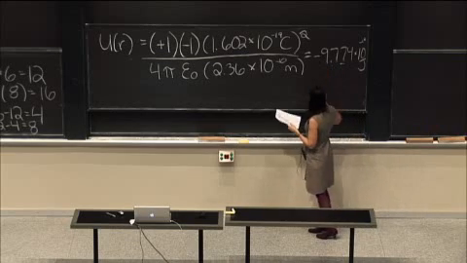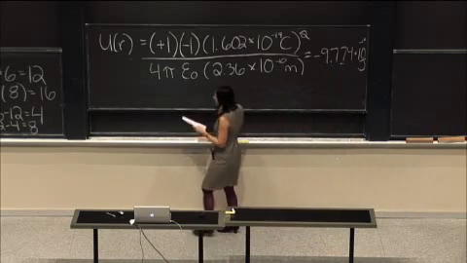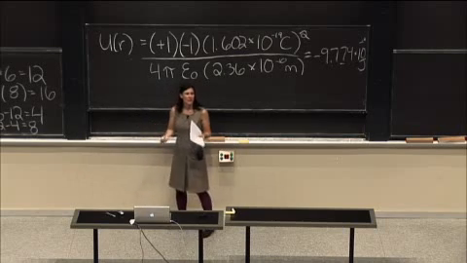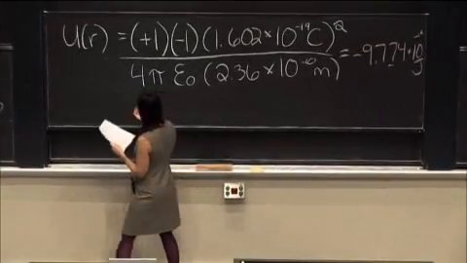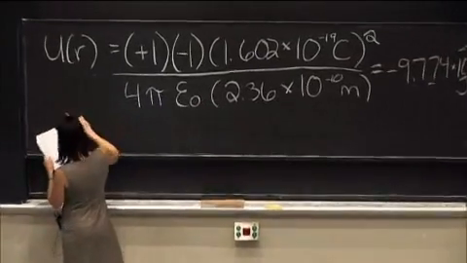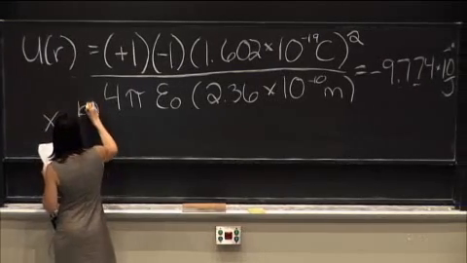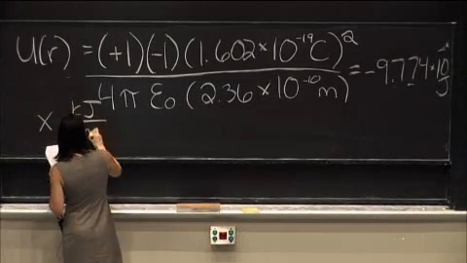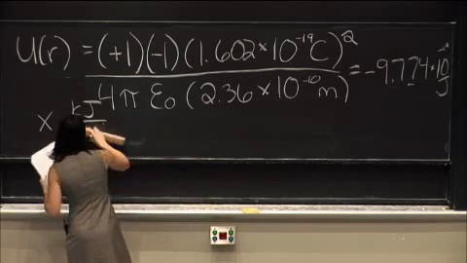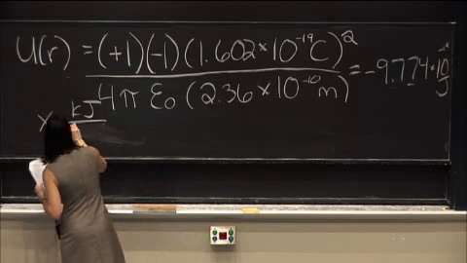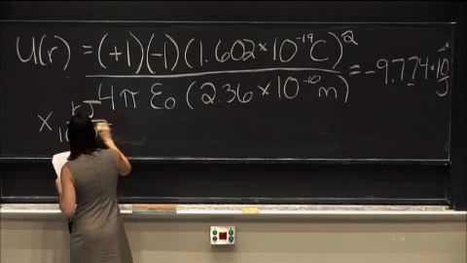negative 9.77. All right, so what we need to do, though, is convert from joules into kilojoules per mole, because that's what we were using. So if we multiply that number there by kilojoules per mole, or excuse me, first kilojoules per joule, so we have 1,000 joules in every kilojoule.